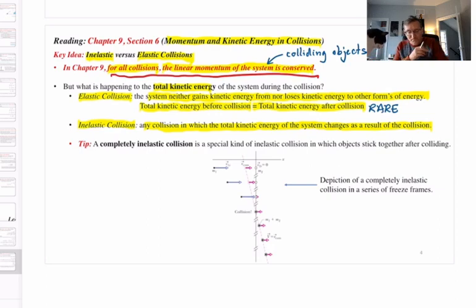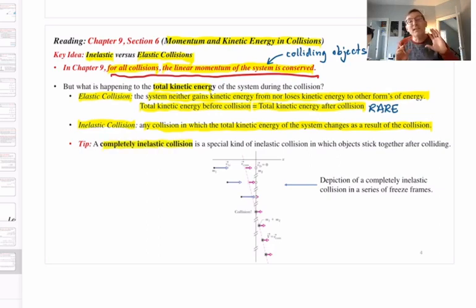Now, heads up, under that inelastic collision category, there is a special case that happens frequently enough that we need to note it. It's called a completely inelastic collision.